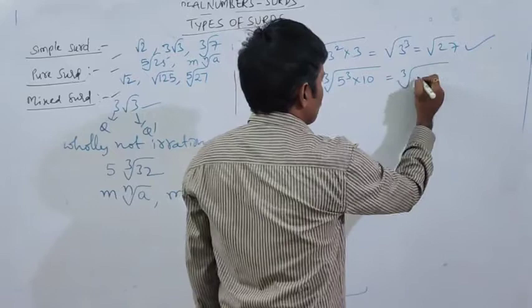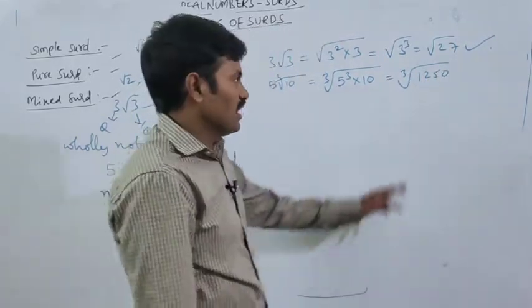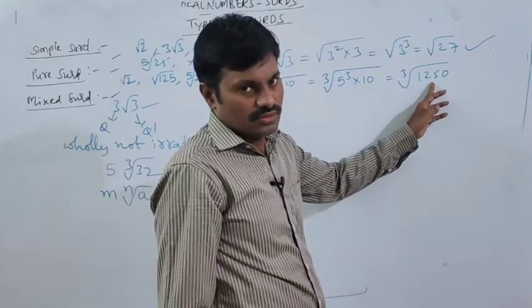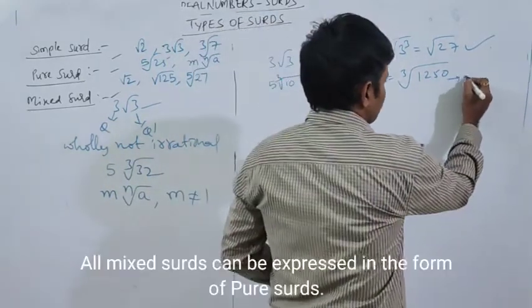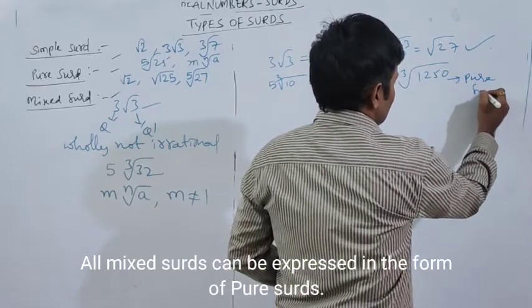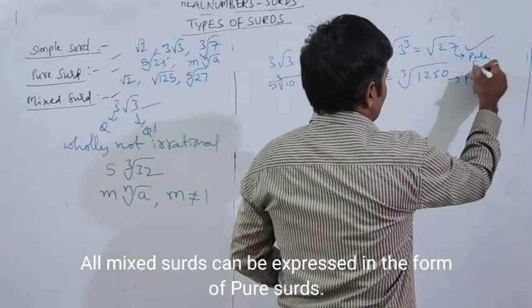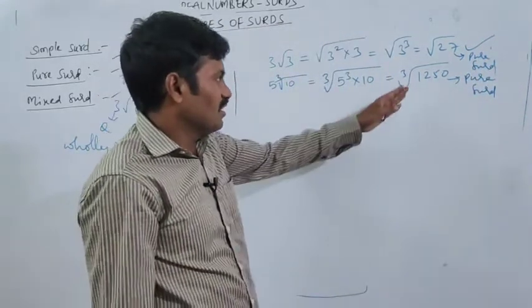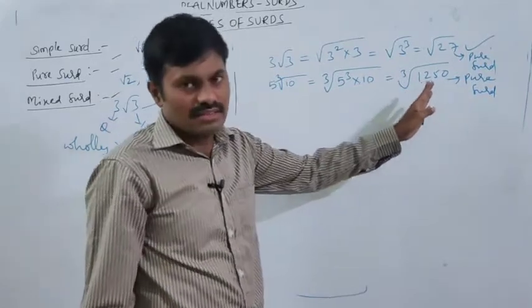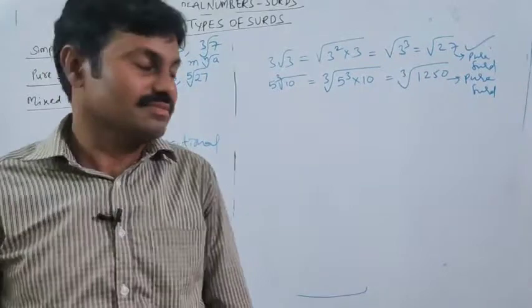So cube root of 1250. Is it a pure surd or not? Yes, it is a pure surd because here the coefficient is 1. Is it clear? Here the pure surds are also called complete surds.